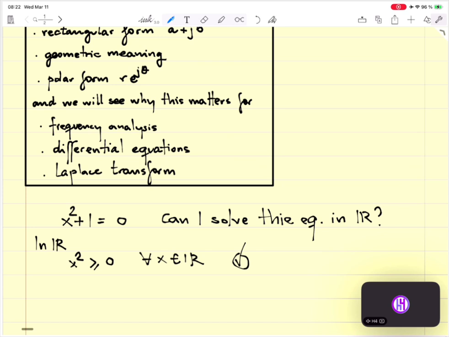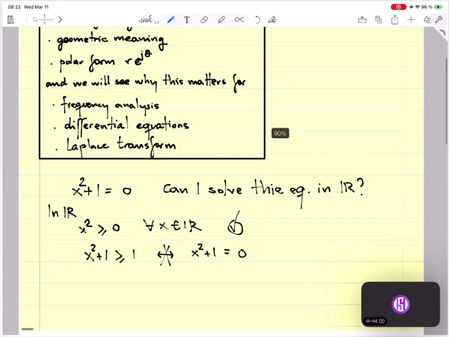So as a result, if I add 1 to both sides of this inequality, it keeps being true, right? So this is a contradiction: x squared plus 1 equals 0 is impossible. There is no real number that solves this equation.